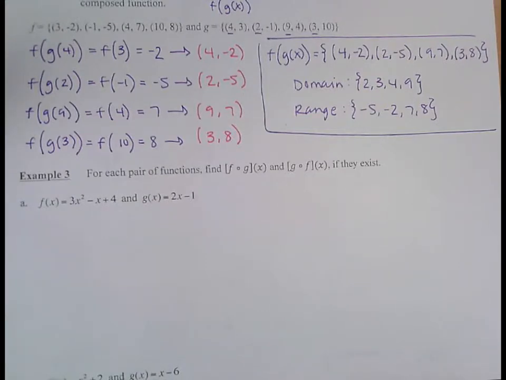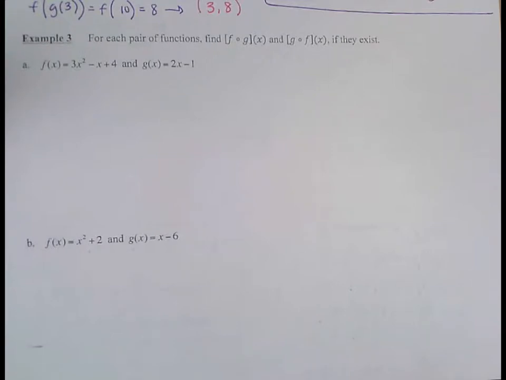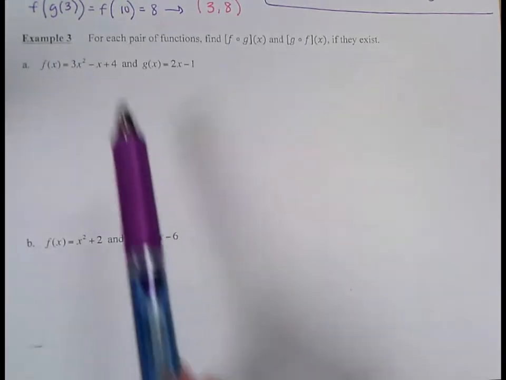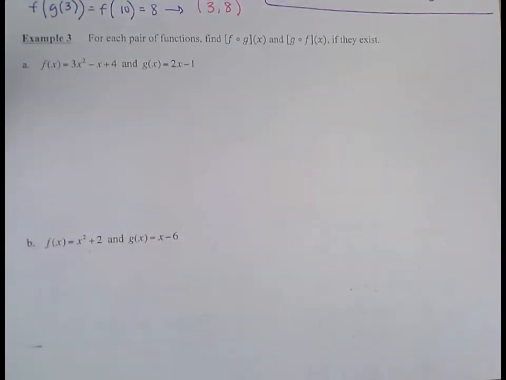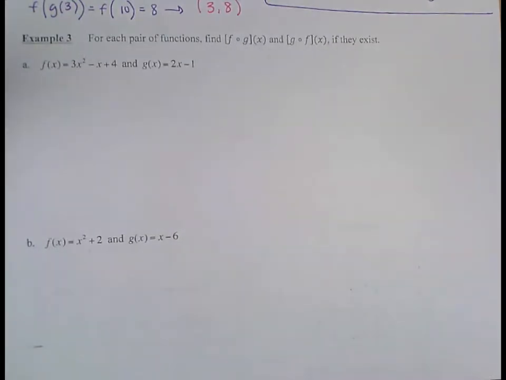The next part should be more familiar to you. We haven't talked about it this exact way, but you've done problems like this already. So I need your attention back up here, please, for the last example. Notice now f and g are given as equations. You're still finding f of g and g of f.